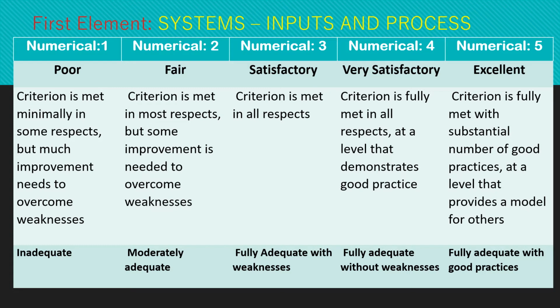So pag nakakuha tayo ng 1, meaning to say, inadequate yung ating evidences na na-provide sa ating accreditor. So 75% less than the standard. If we receive naman yung 2, numerical rating of 2 or fair, it means that we provided evidences that are moderately adequate or 50% less than the standard.